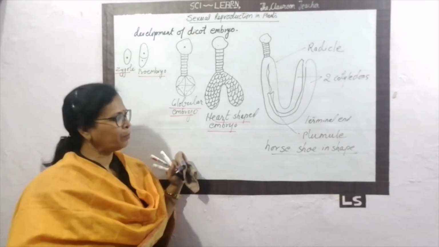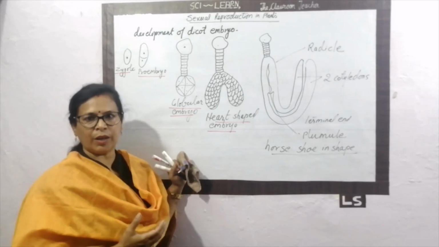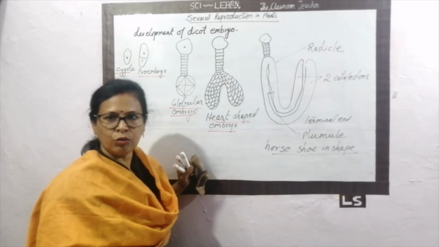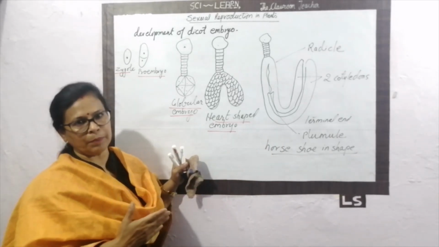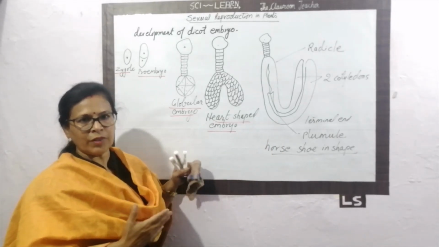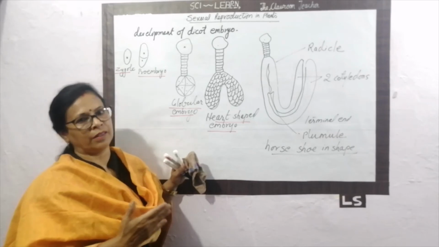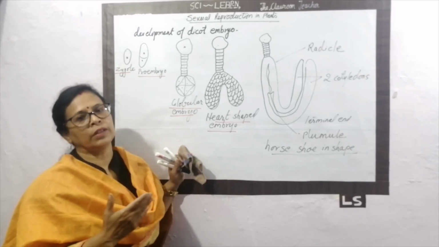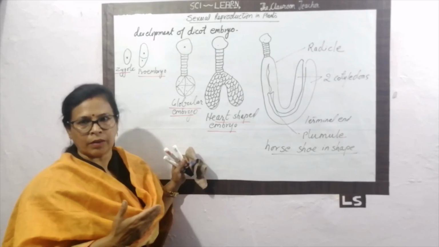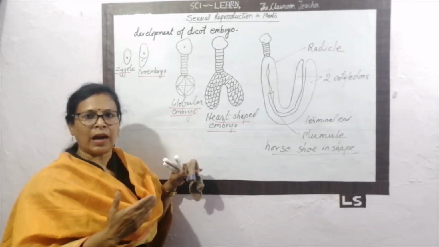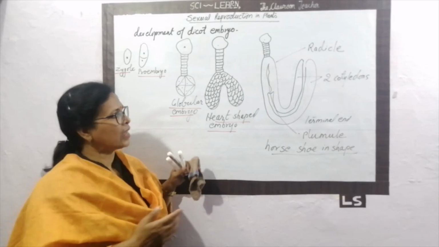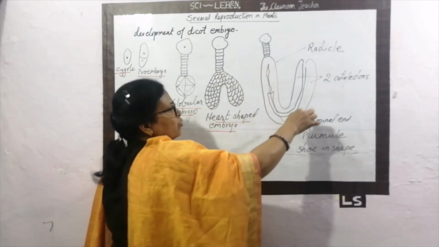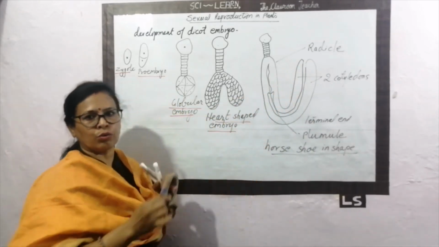Then it divides again and again to form one horseshoe-shaped structure in which the plumule is present, the radicle is clearly visible, and two cotyledons are also clearly visible. The hypocotyl enlarges to form the horseshoe shape.